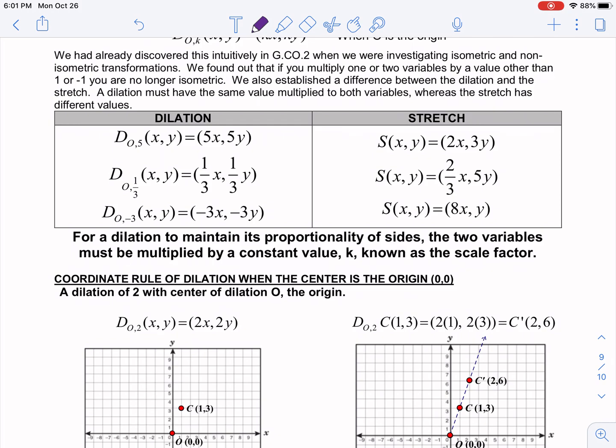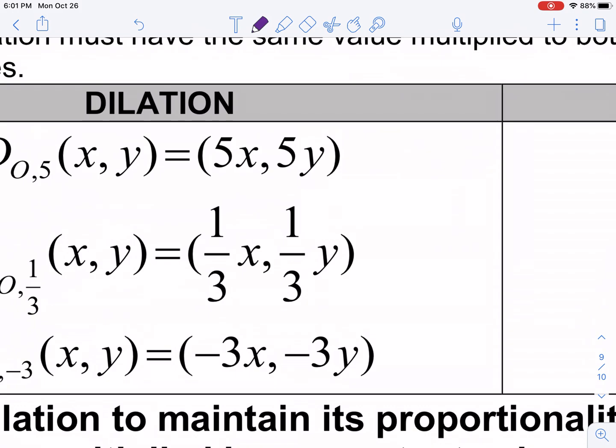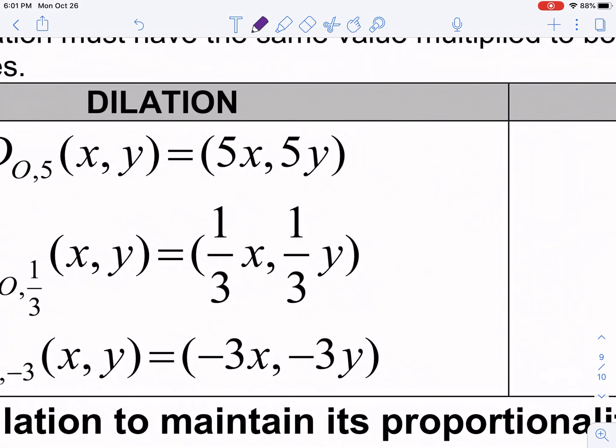If it keeps the proportions the same, that means whatever I scale x by, I also scale y by. In other words, whenever I am scaling both the x and the y, I'm really multiplying the x and y by something. In this case, they say if I scaled this by 5, I'm multiplying the x by 5 and the y by 5. But notice, am I multiplying the same thing to both?